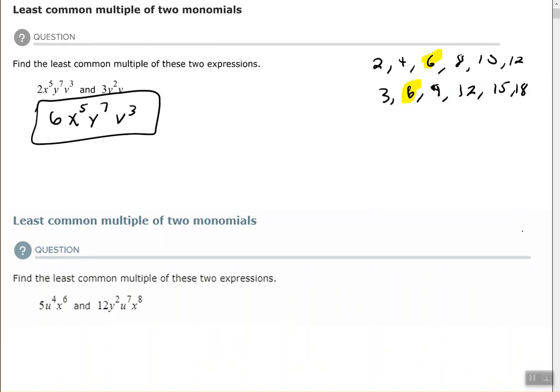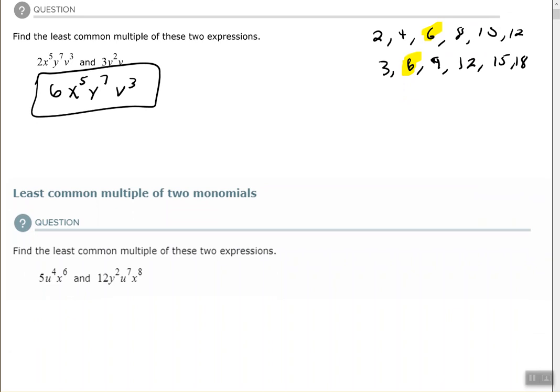All right, so we'll use least common multiple a lot throughout this section. So, least common multiple of these two expressions. First of all, you have 5 and 12. The multiples of 5 are 10, 15, 20, 25, 30, 35, 40, 45, 50, and so on, 55, 60.